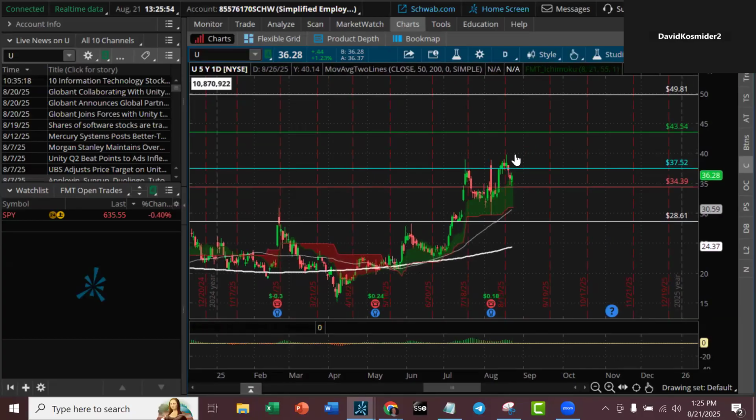The reward is from our entry price to our target, and the risk is from our entry price to the stop. Because if it hits the stop, we're going to close the trade. And I don't mean to imply everybody has to use stop market orders. Your money, your account, you manage it your way.